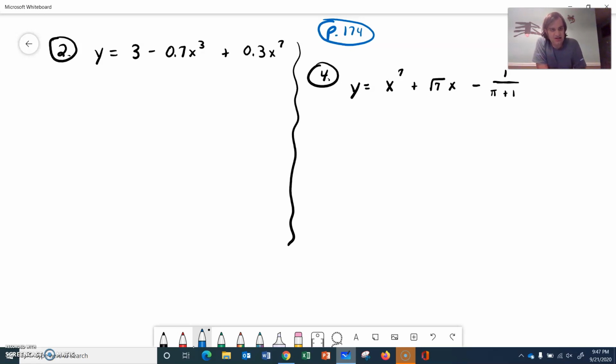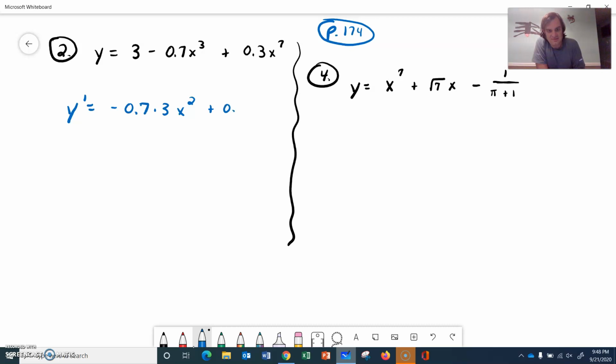Number 2, y equals 3 minus 0.7x cubed plus 0.3x to the 7th. So this is just a series of power rules. So y prime, the derivative. Remember 3 is a constant, it goes to 0. Over here, the next one we got negative 0.7, and then when we tackle the x cubed, we'll pull the 3 out front and have x squared.